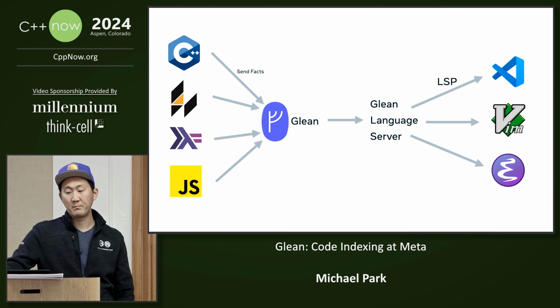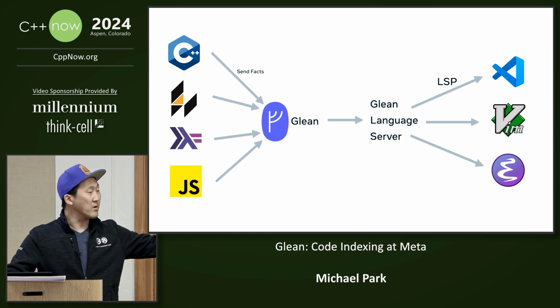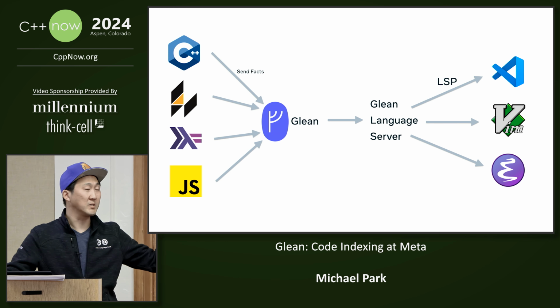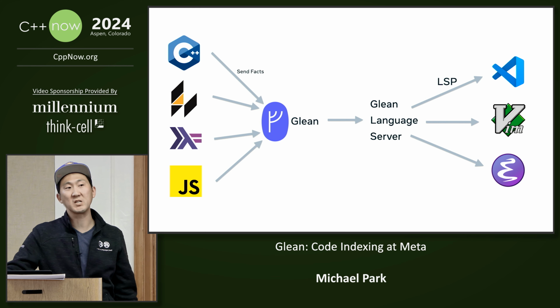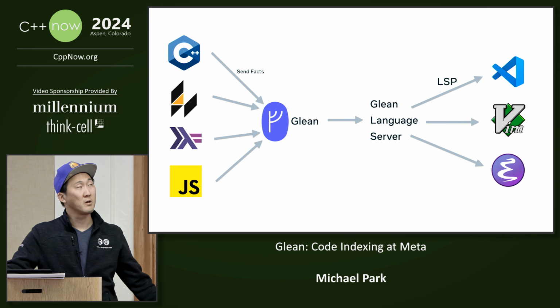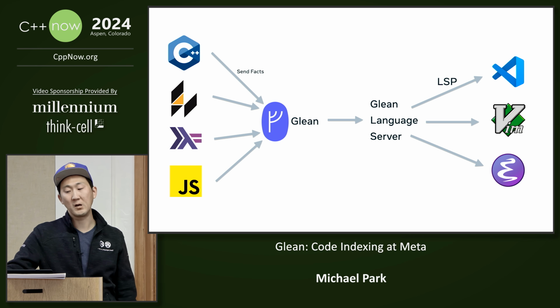But to be honest, if you look at this diagram, the Glean language server needs to speak LSP to talk to the editors, and it needs to be able to send requests to Glean and make use of it. The logic is not that complicated, so I think this is the smallest high-impact thing that we could deliver for the community.